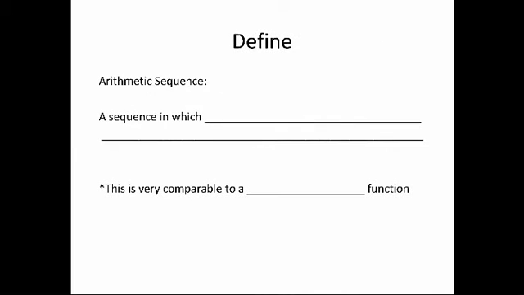So let's start off with a definition for an arithmetic sequence. An arithmetic sequence is a sequence in which there is a constant difference between terms.